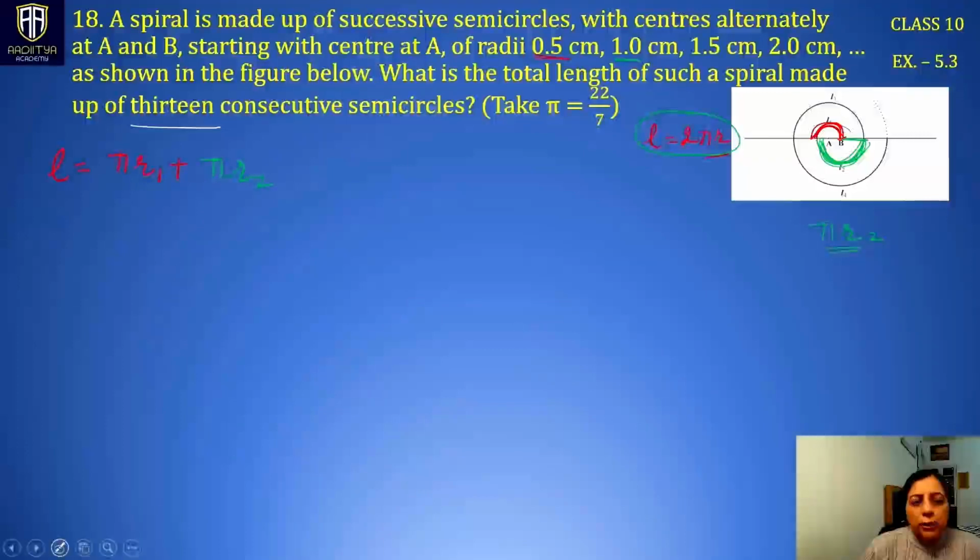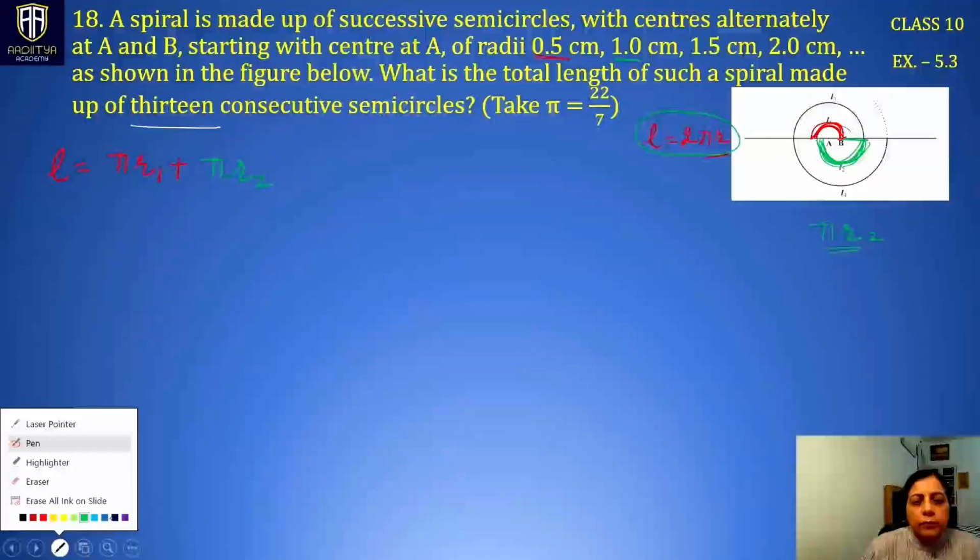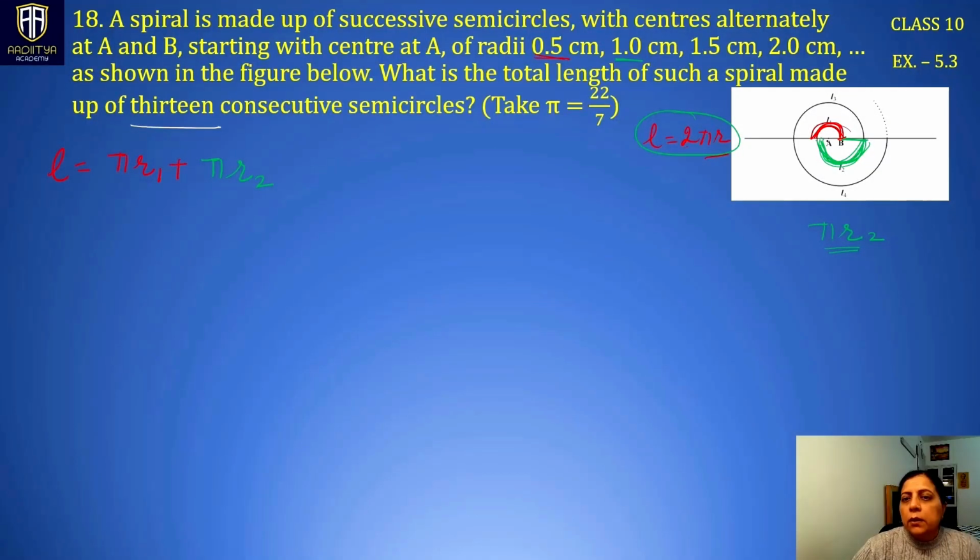Now for the third time, again the center becomes A. The compass is focused at A and the radius here becomes this one. So this is the third semicircle that we have drawn. After completing it here, from here the third semicircle is drawn like this. This is R3 or circle 3, C3.